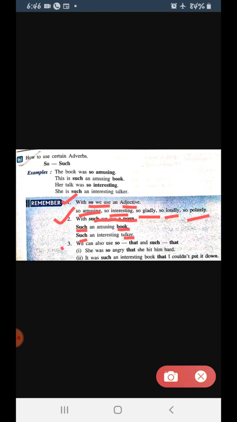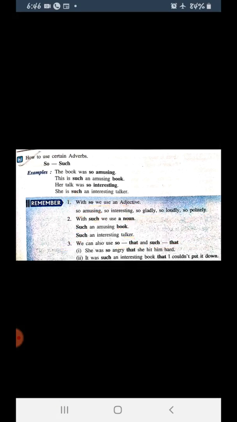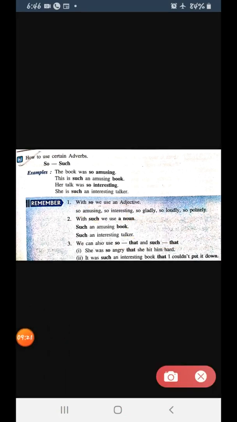Then, number 3. We can also use so that and such that. If we find an adjective, we will use so that. If we find a noun, we will use such that. Example. Number 1. She was so angry that she hit him hard.